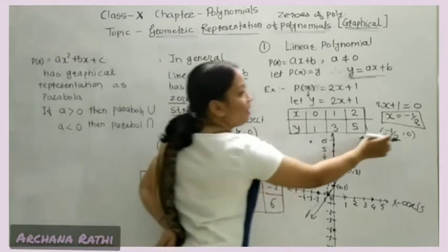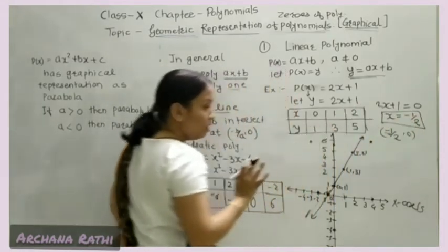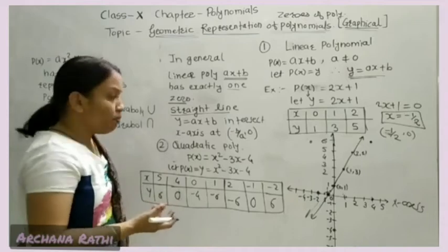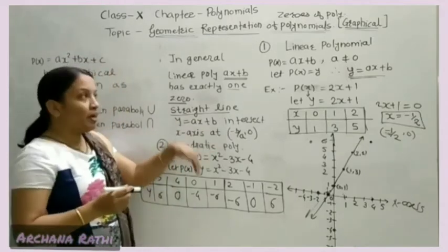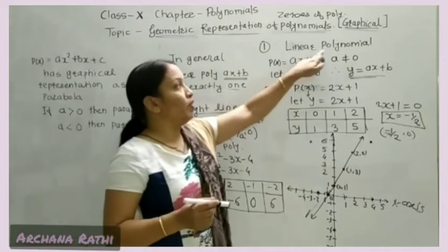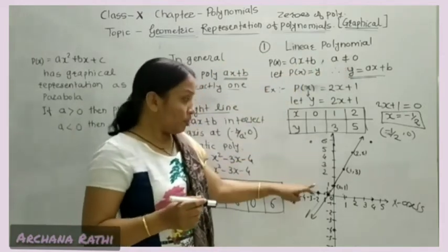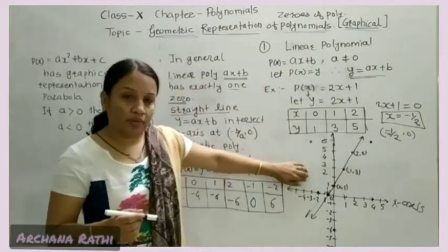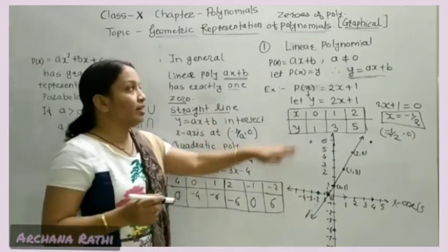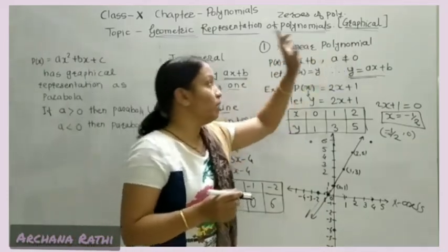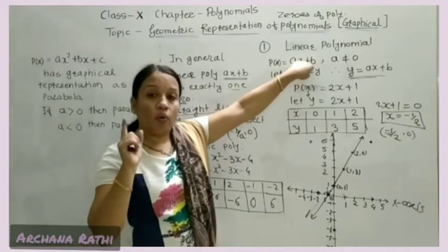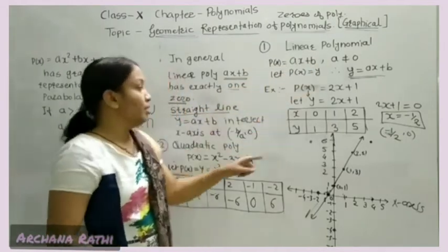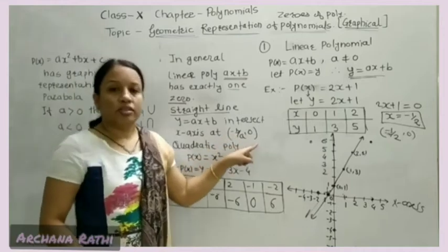Here -b/a is our -1/2. Sometimes you will get a real number also. So this is how the zero of a linear polynomial is geometrically represented on the graph. You can verify that a linear polynomial of the form ax + b has only one zero, that is -b/a.